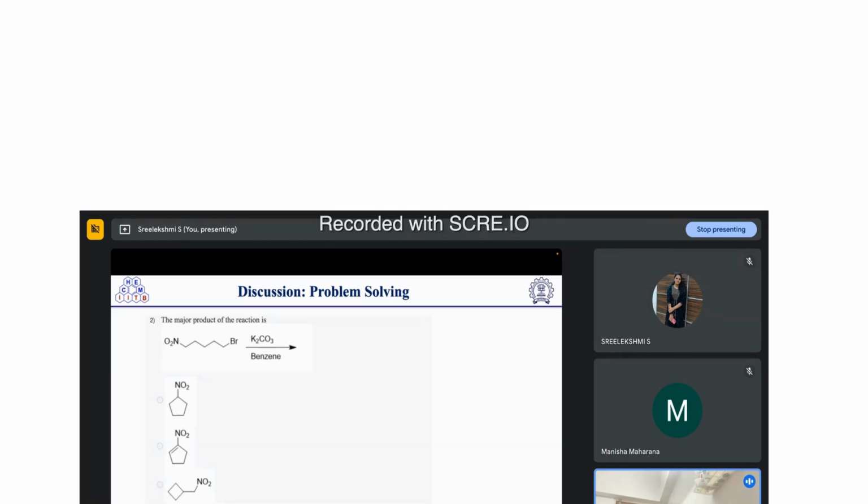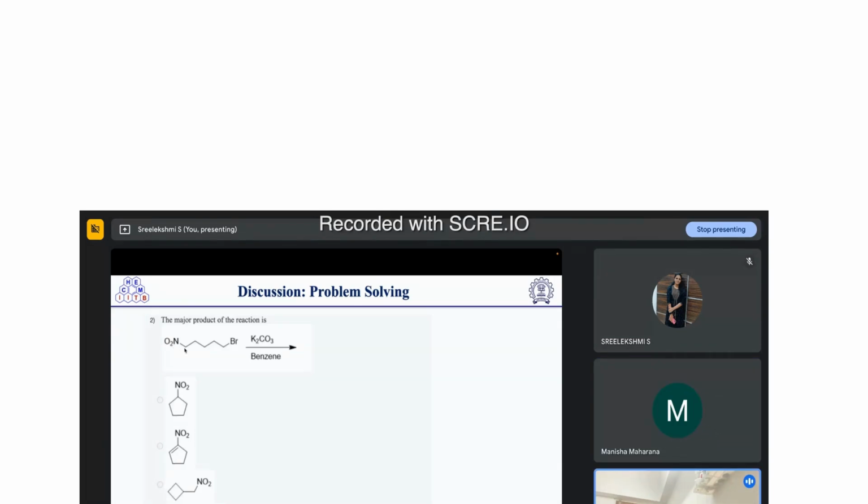So here, which one will be the acidic proton? Acidic proton adjacent to the nitro group.